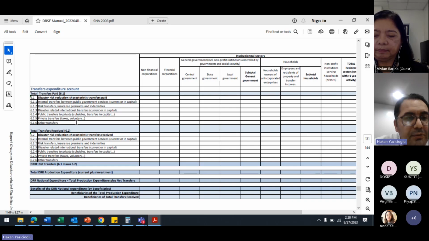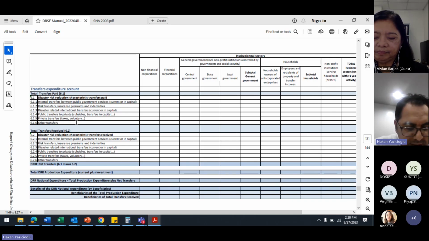So this kind of transfers paid and received actually gives us the net transfers. So by summing up the total production expenditures with the net transfers, we come up with the country's disaster risk reduction national expenditures.